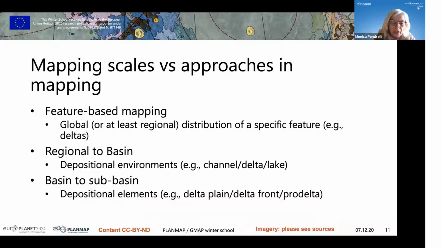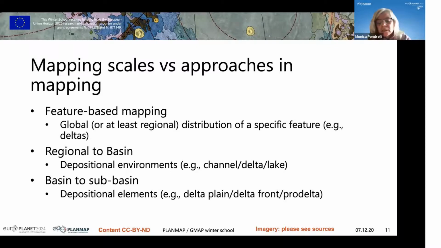Then we can move to a more detailed area, regional to basin. In this case, we need to focus a map on the depositional environments. For example, channel, delta, lake. If we move into even more detail, so basin to some part of the basin, so we are interested in evaluating in detail the depositional environments, we have to go deeper and map the depositional elements.